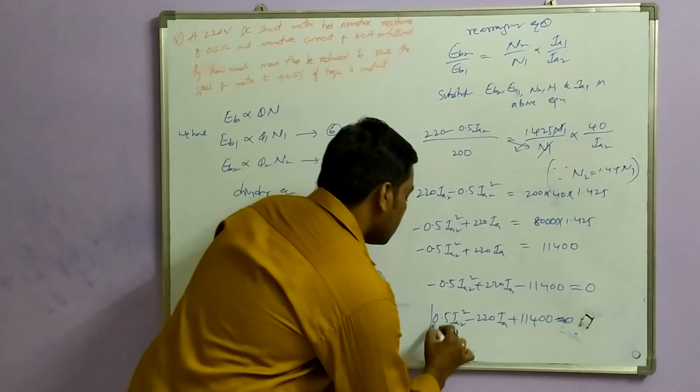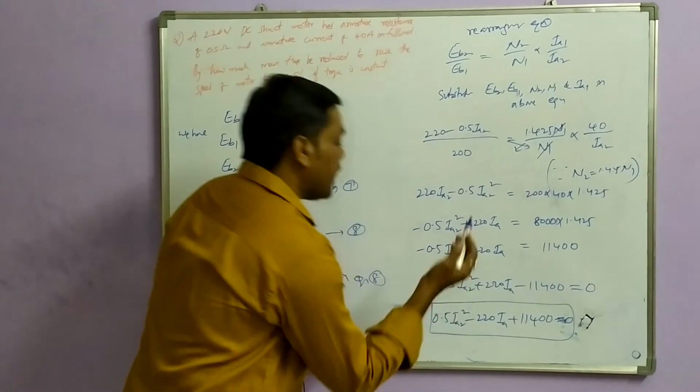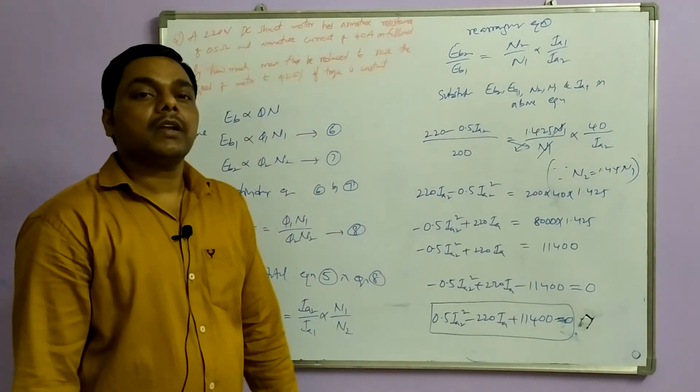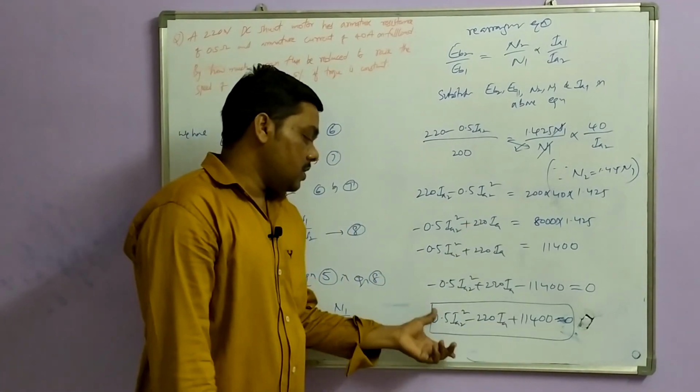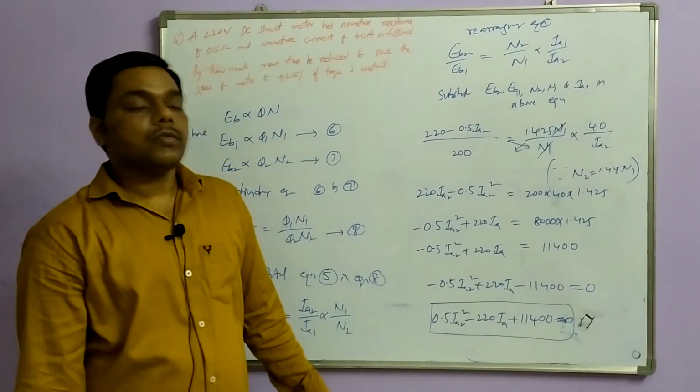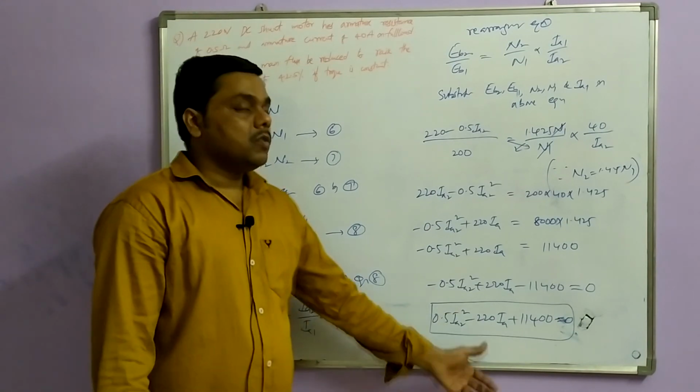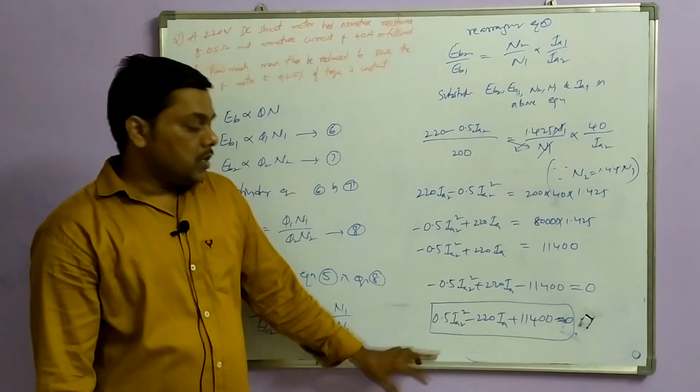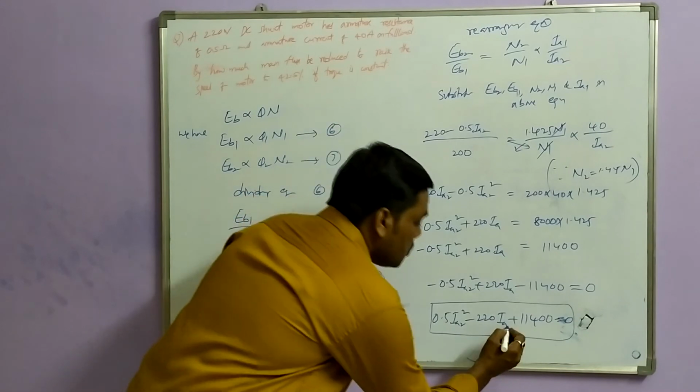This is the required equation to calculate the armature current. It is a quadratic equation, and if you find its roots, you will get the IA value, that is IA2.